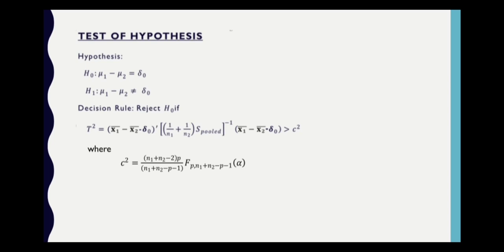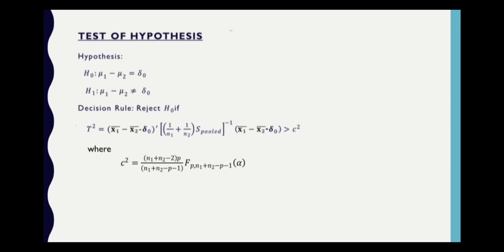When we say vector, it means vector mu1 will be p by 1 and vector mu2 will also be p by 1, so the dimension should be the same. And then equal to delta naught here. If we want to look at the difference between the mean of the first population and the second population, delta naught there will be a zero vector.